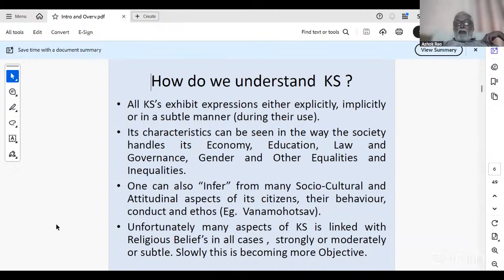Unfortunately, many aspects of knowledge systems are linked with religious beliefs in all cases, strongly or moderately or subtly. Slowly, with the advent of modern science, this is becoming more objective, less emotional. So now people question everything.